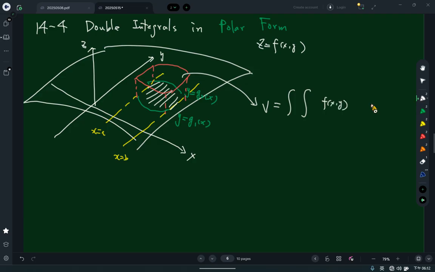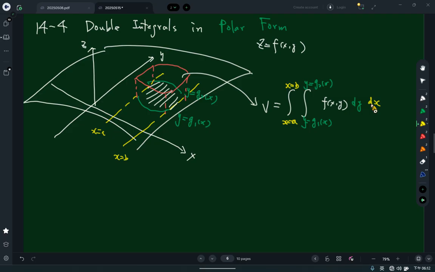We can integrate with respect to y first, so y goes from g1 of x to g2 of x, then dx, with x from A to B. We already learned that in the previous 3 sessions, especially sections 2 and 3.